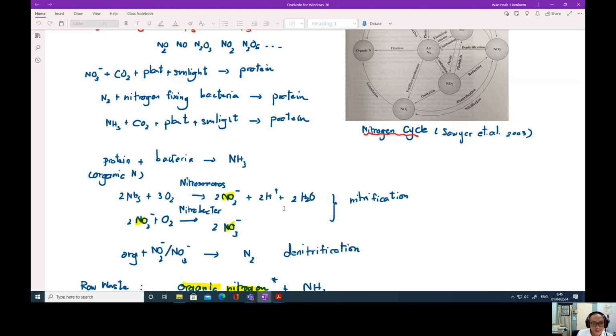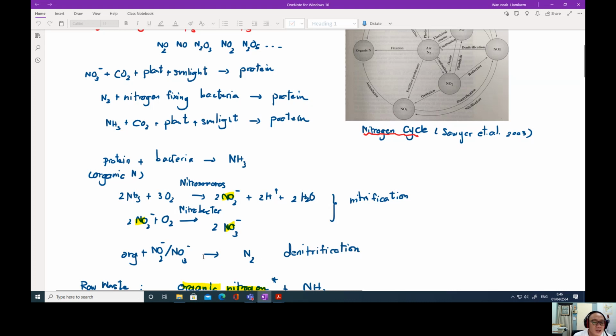So if we want to completely remove the nitrogens from wastewater, how can we do it? We have to let them react with the organic substance, and then the nitrites or nitrates get converted into nitrogen gas.